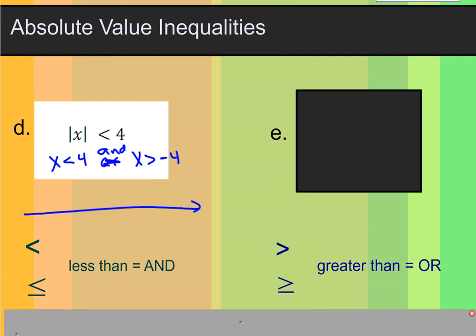So if you look on a number line, if I just sketch a quick number line, negative 4 and 4, this is going to be an open circle here and an open circle here. Less than 4 is going to go this way. Greater than negative 4 goes this way.